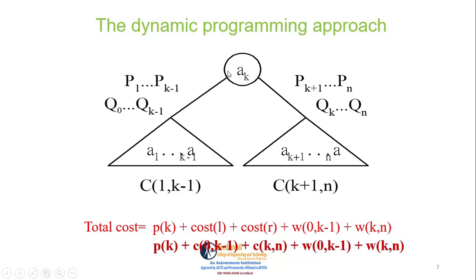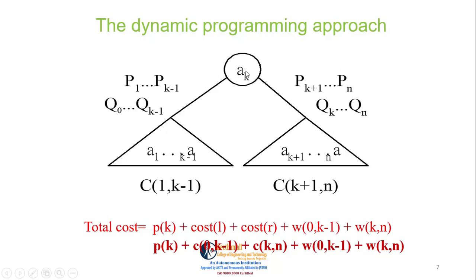If I select AK as a root element, suppose there are 4 elements. If I select A2 as the root element, what is there in the left subtree? Only one element, that is A1. And what is there in the right subtree? A3 and A4. Okay.